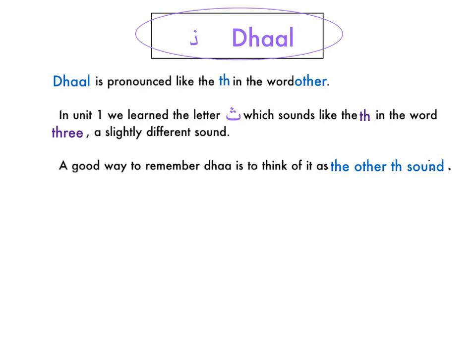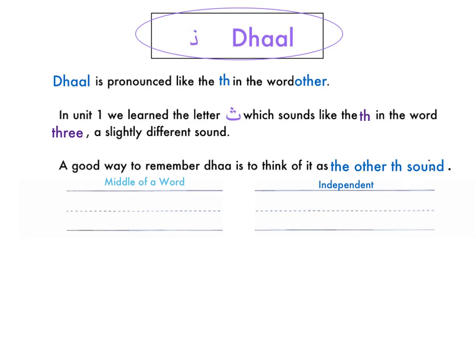A good way to remember the Dhaal is to think of it as the other TH sound. It comes in two different shapes, independent form and connected form, and it's written like Daal except that it has a dot on the top. You see, this is independent form. And its connected form, we write it like this, and it gets connected to the previous letter by this line.